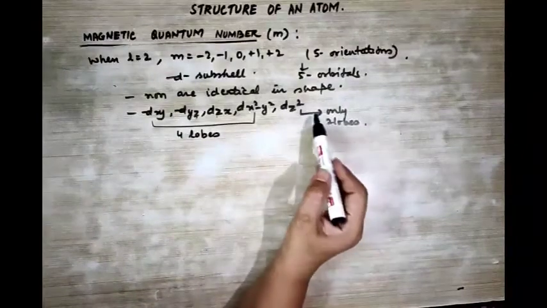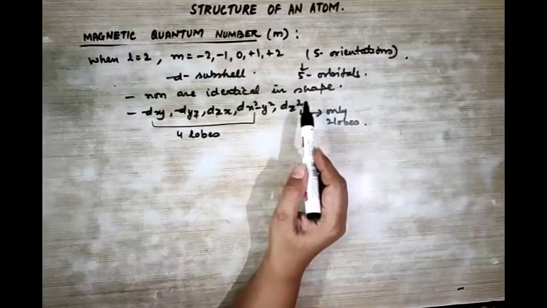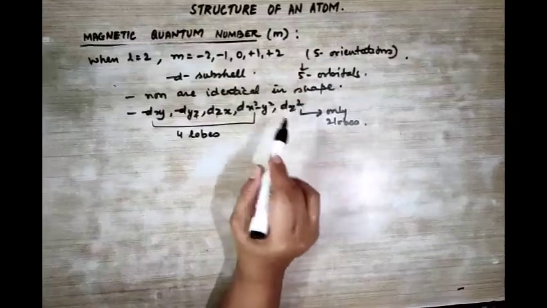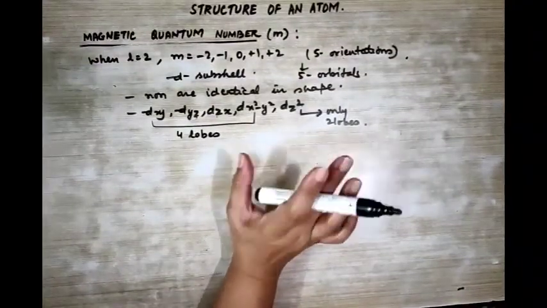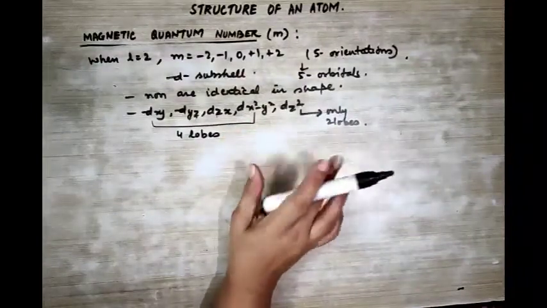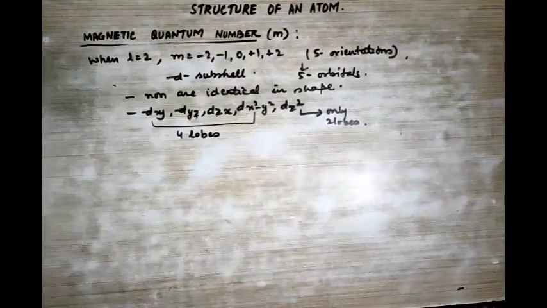While the 2 lobes of dz square, they are going to lie along the z axis, and they will also contain a peculiar property, that is the ring of negative charge, which will surround the nucleus in the xy plane.